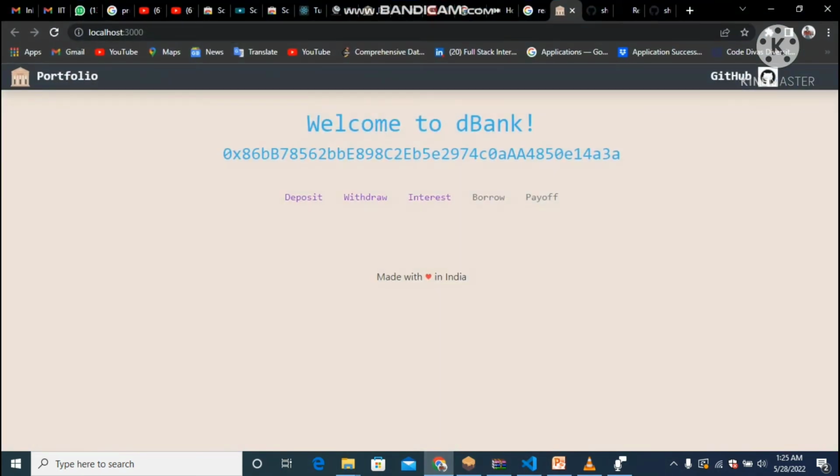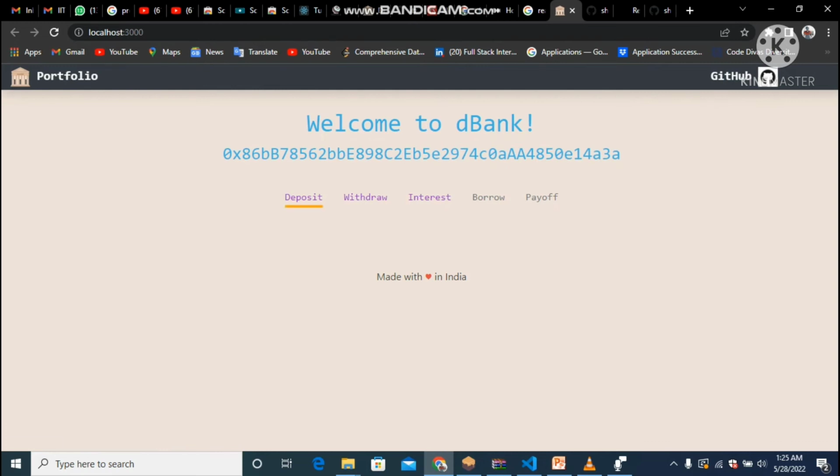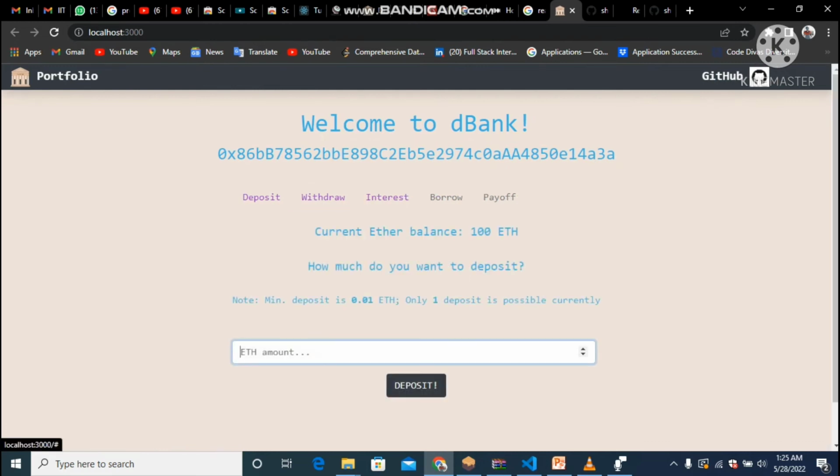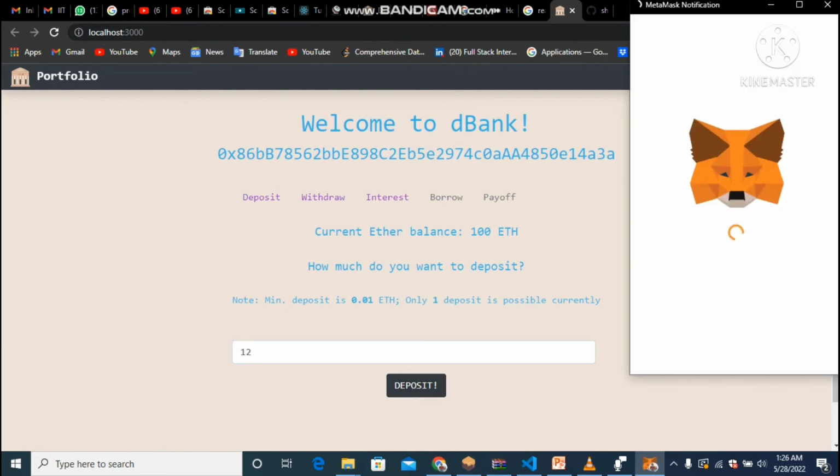This is the front end of our project, and here you can see this is the customer account which will be depositing the ethers. So let's deposit it. Here you can see the MetaMask notification and the role of MetaMask in our project.